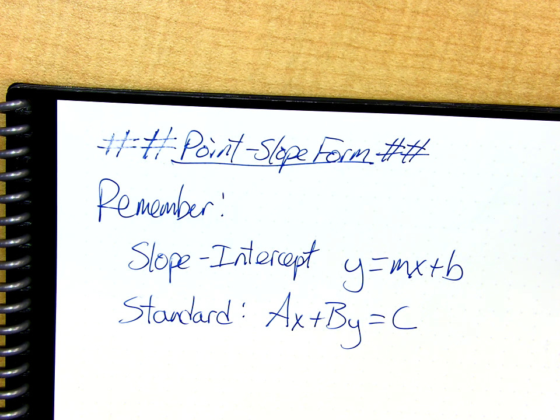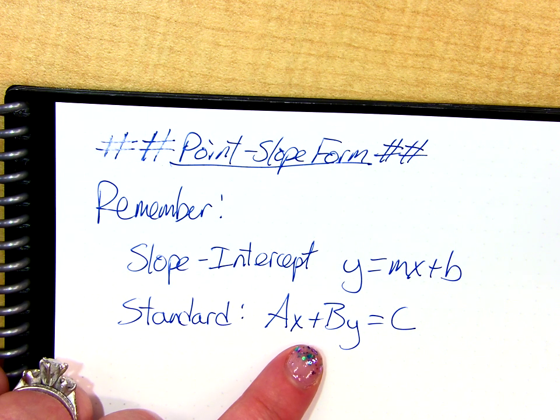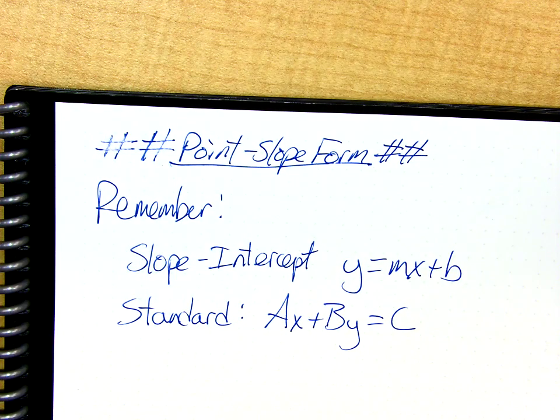You don't know what the slope is just by looking at this one, but you could find it by doing negative a over b. You can always take standard form and rewrite it into slope-intercept if you wanted. And this is the one that we could graph using x and y intercepts, right? This one, if I'm going to graph it, I'm going to start at b, the y-intercept, and then follow the slope.